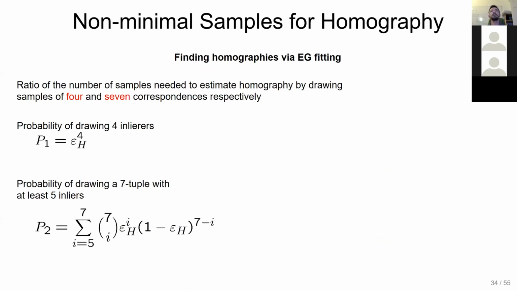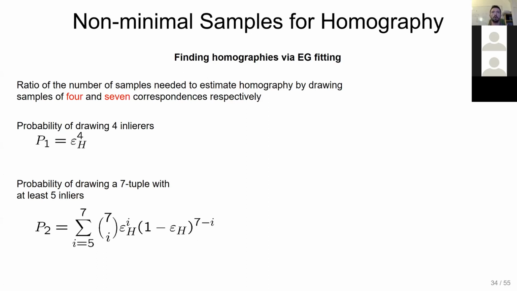Now, non-minimal samples for homography estimation. Similarly as in the previous case, we will try to find a lower dimensional model by estimating a higher dimensional model. So instead of drawing 4 correspondences, which all need to be correct in order to estimate the correct homography, we will be drawing 7 tuples of correspondences, and if at least 5 are inliers, then we will cover the homography as a degenerate configuration of this epipolar geometry.